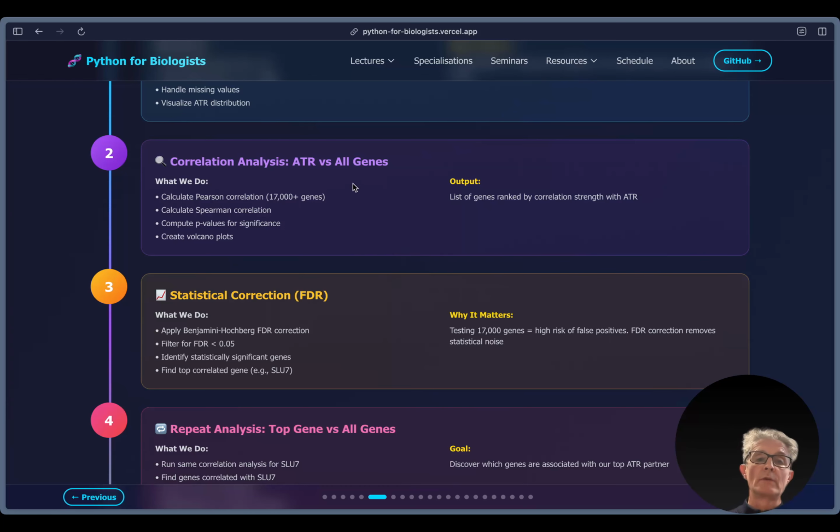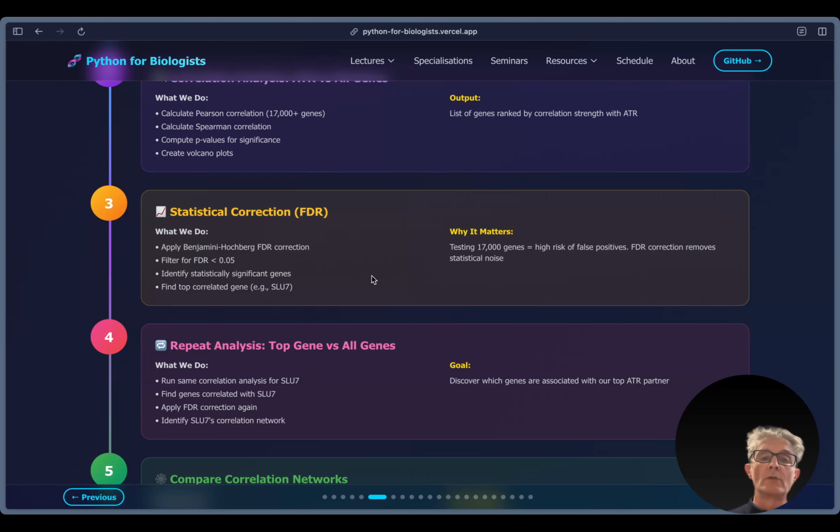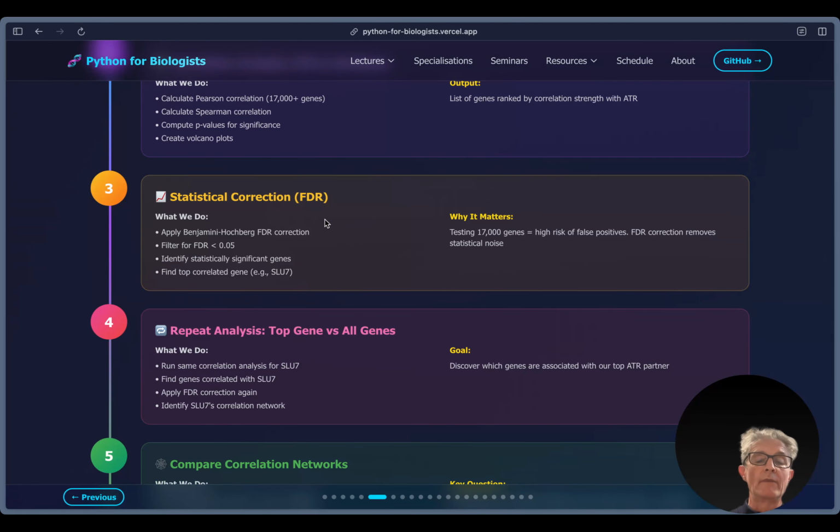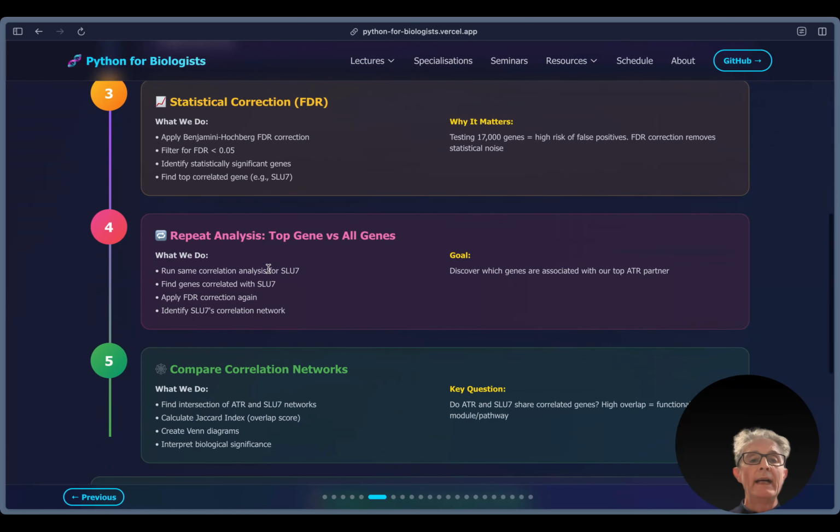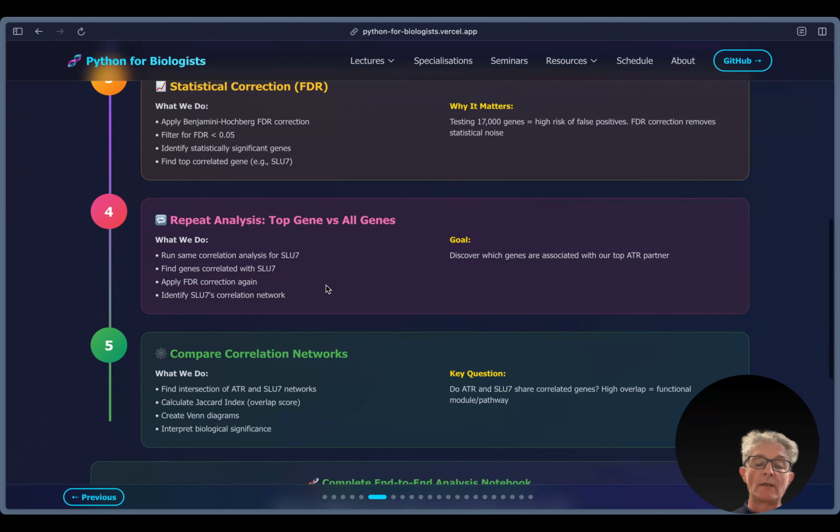And that we have to statistically verify. So we do false discovery rates and analyze this to get rid of false positives. And then we repeat the whole analysis again with our top gene that we identify. So we have two sets of genes from two independent genes, our query gene and the gene that we identify. And then we see whether there's an overlap in these gene sets.